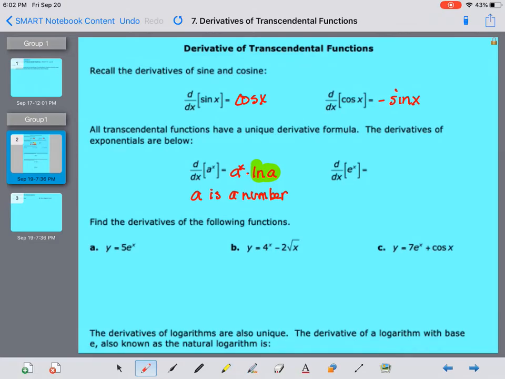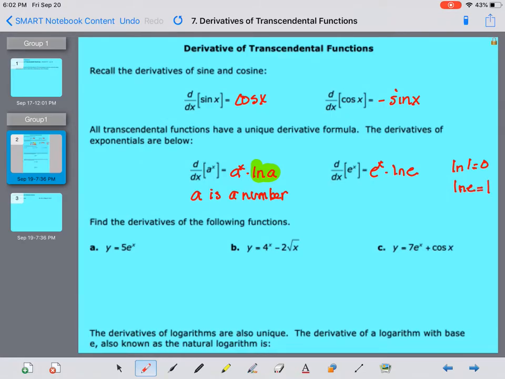Now the derivative of e to the x is also an exponential, but a special one, and the derivative happens to be exactly the same. It produces itself back times the natural log of e, because that is our base. There are two natural log values that give us exact values: the natural log of 1 gives us 0, and the natural log of e gives us 1.